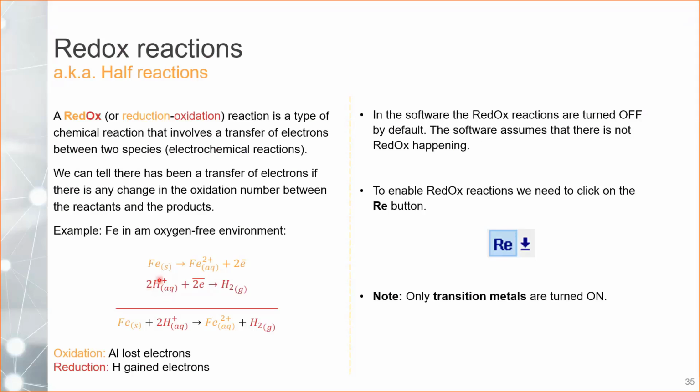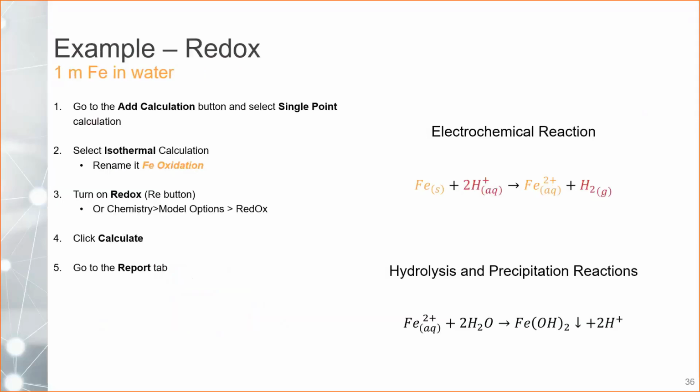The charge goes from +1 to 0 to produce this molecular hydrogen. Down here you'll see the balanced equation showing the element that has been oxidized and the element that has been reduced. And all of that is going to occur because we turned this redox reaction button on.